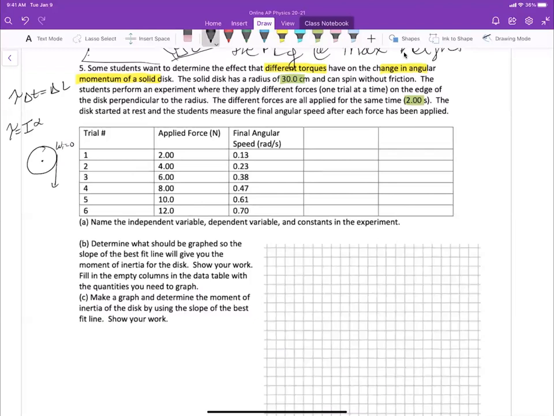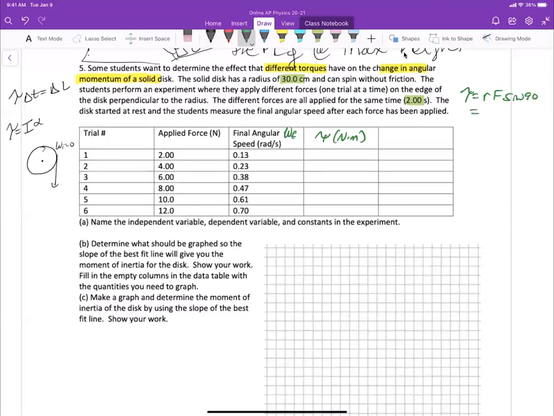So now I have my final angular speed, and we know our force. We can calculate our torque in newton-meters: torque is equal to R times the force, and it's perpendicular, so it's sine of 90, which is 1. I'll do it for the first one.